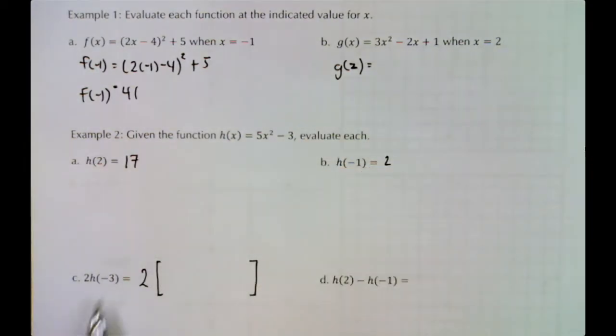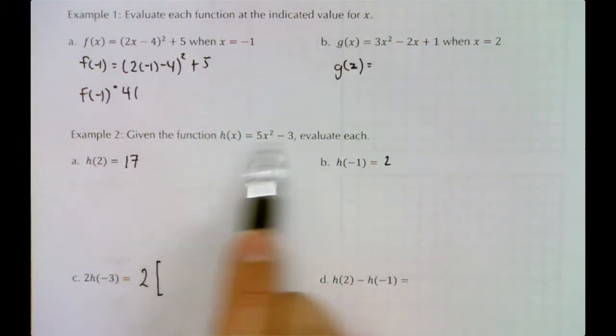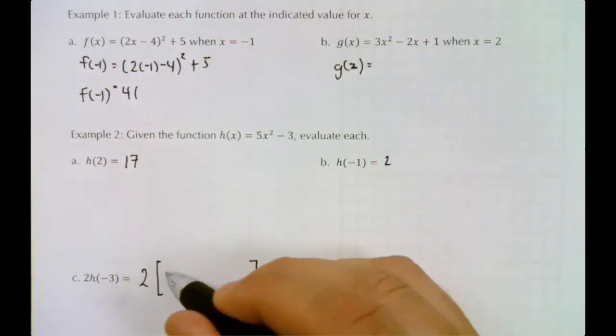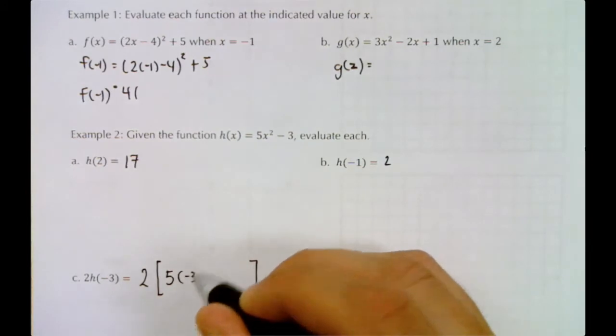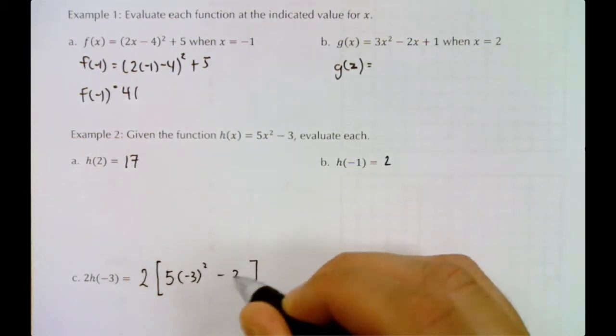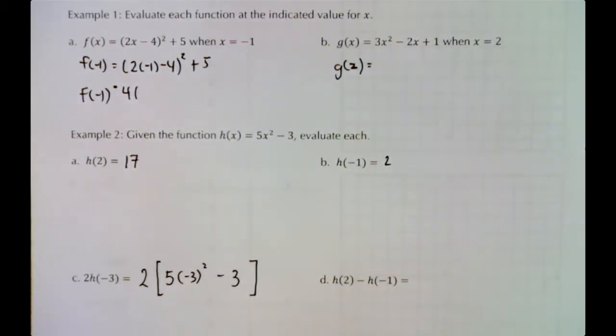Well, what's h of negative 3? That would be this function with negative 3 put in. So that would be 5 times negative 3 squared minus 3. This is one way to do it. Alternatively, you could figure out what h of negative 3 is first and then multiply your answer by 2. But based on how this is written, I would need you to express it like this.